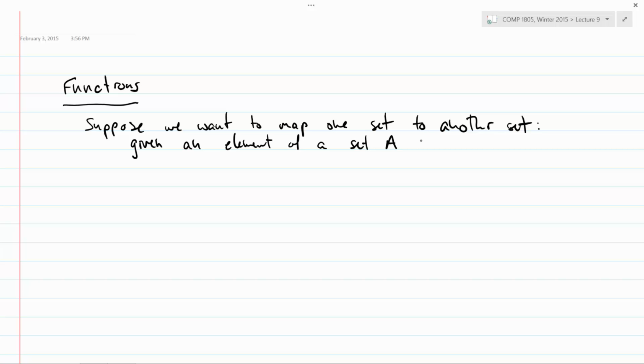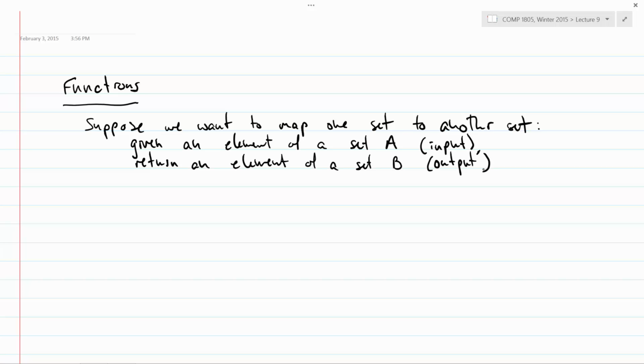So given an element of set A, which we call the input, return an element of set B, which we call the output. That's what we'd like to do.